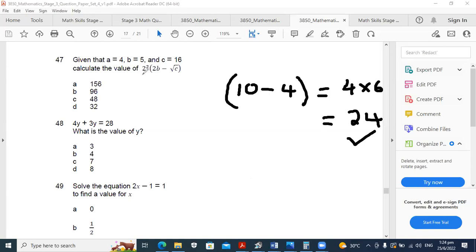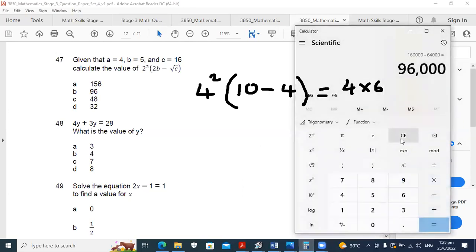If it was a square, that would have been 4 squared. That would give us what? 16. And then 16 times 6. That was 96.